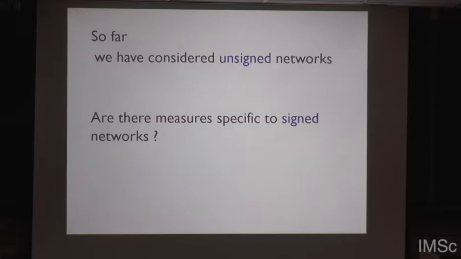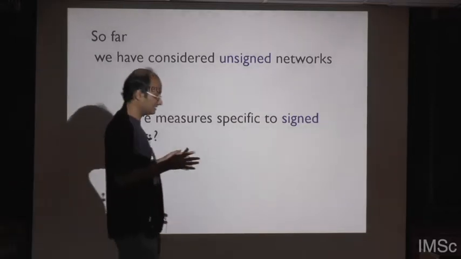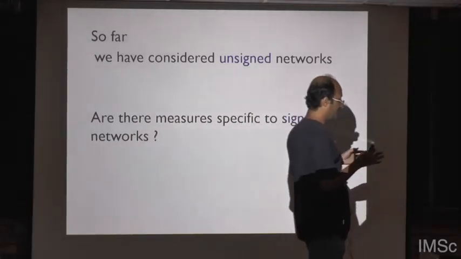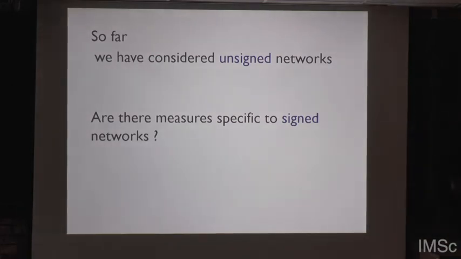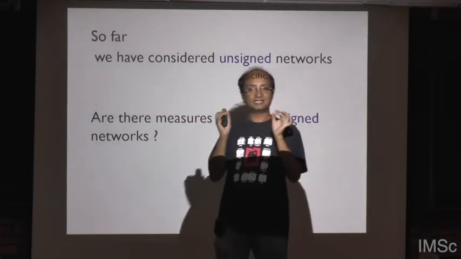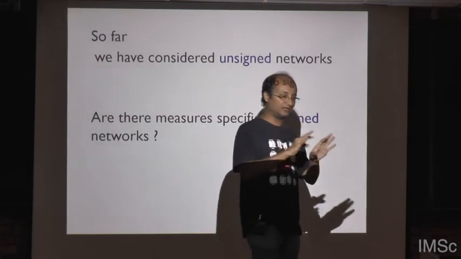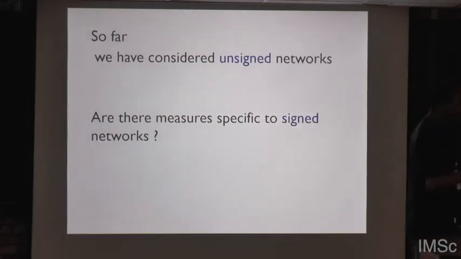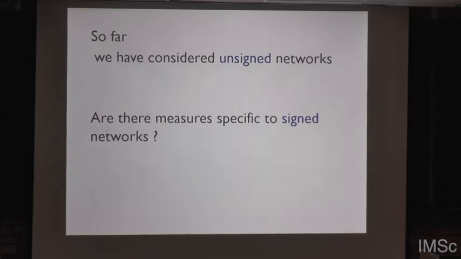Okay. Now, all the metrics that I mentioned to you were essentially for unsigned networks, where the links essentially have no sign associated with them. So, qualitatively they are all identical. But as I was mentioning in previous lecture, in biology often you have links which are qualitatively different.